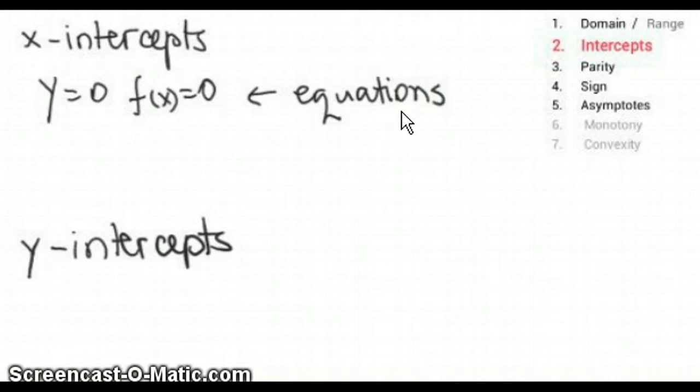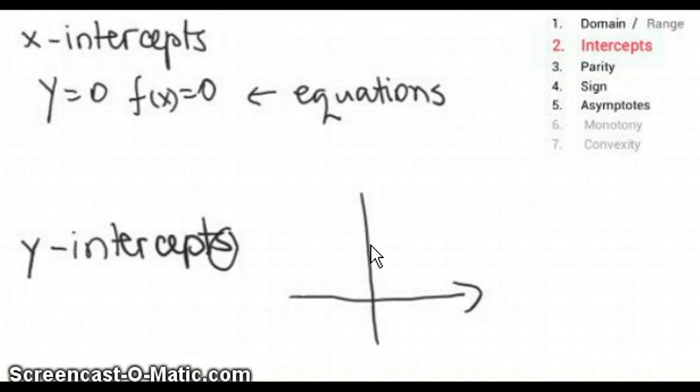Moving on to the y-intercept, let's see what happens on the y-line. Now I said y-intercept. Is this correct? Can I have more than one y-intercept?